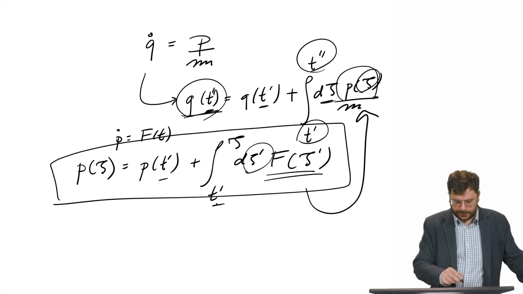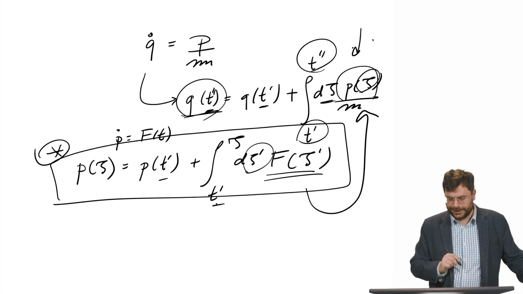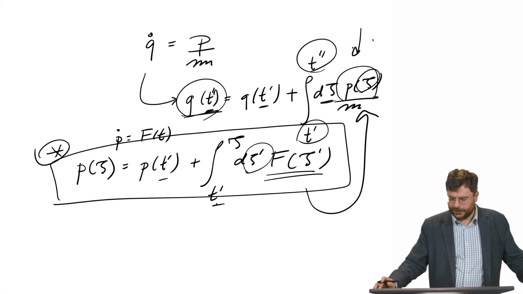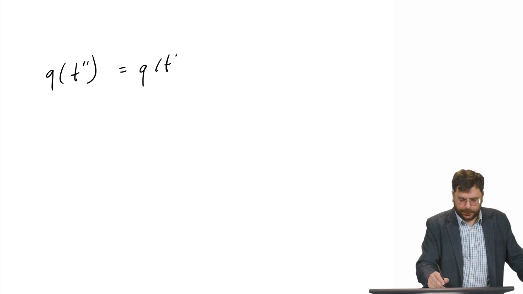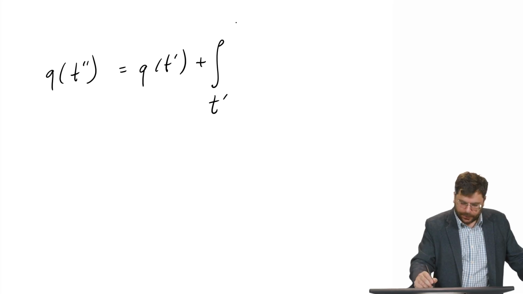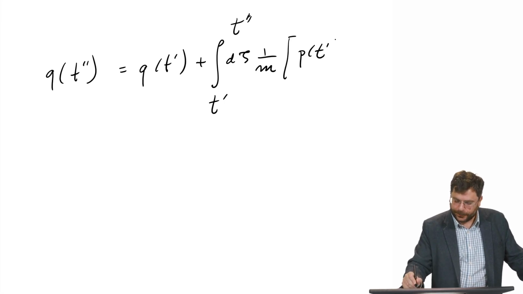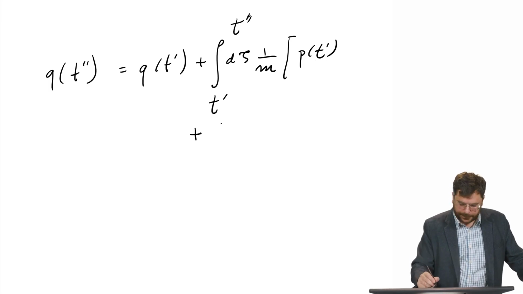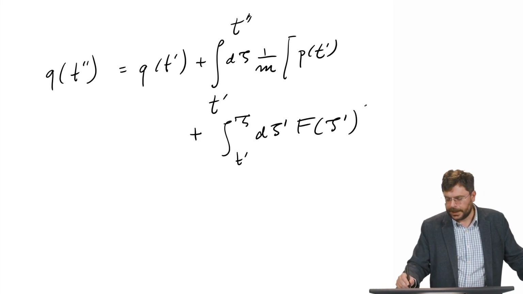So if I plug star into this point here, then I should get, let's clear this a little bit because it's getting messy, q of t double prime equals q of t prime plus the integral from t prime to t double prime, I'm looking at my notes here because the primes are hard to keep track of, and then the integral from t prime to tau d tau prime of F of tau prime, close bracket.